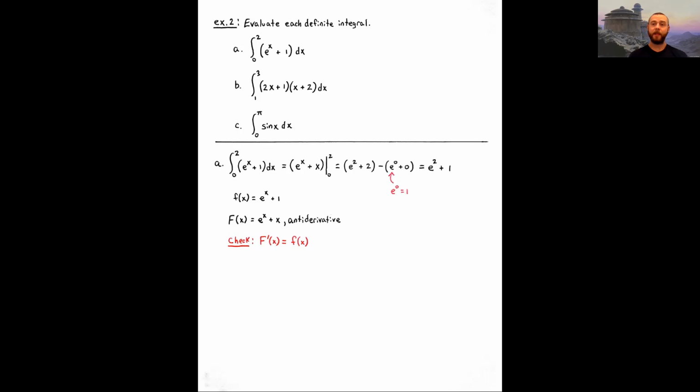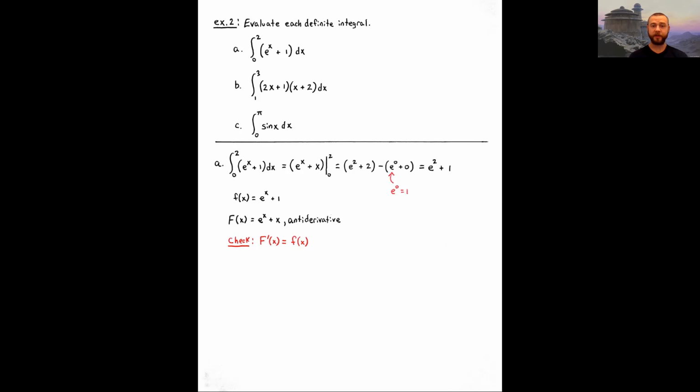To use the fundamental theorem of calculus, we would take our antiderivative, e to the x plus x. From our previous comment, we're going to take the plus c, the integration constant, to be 0, because it doesn't matter, it subtracts out. And to that antiderivative, we'll just plug in x equals 2, and then subtract when we plug in x equals 0.